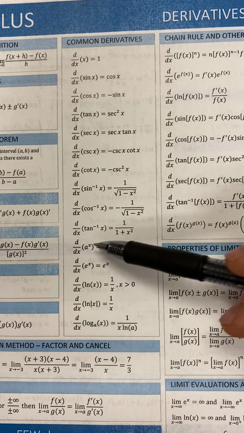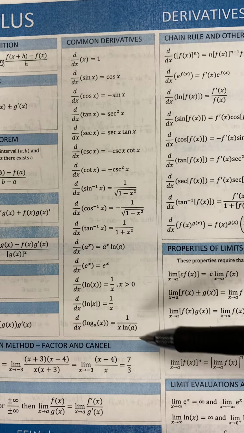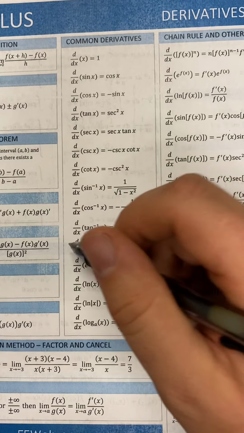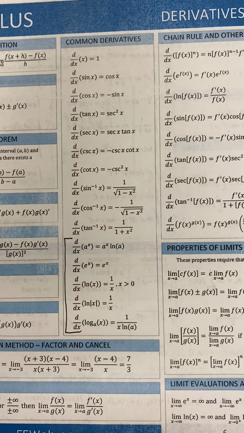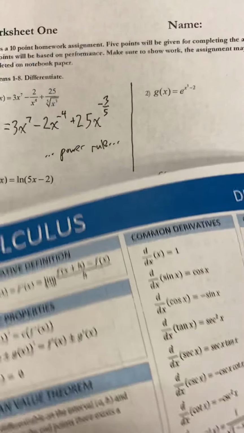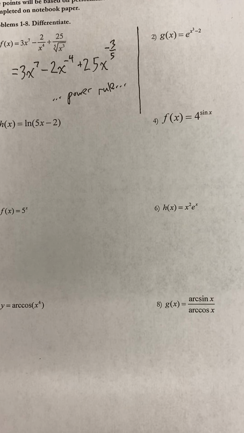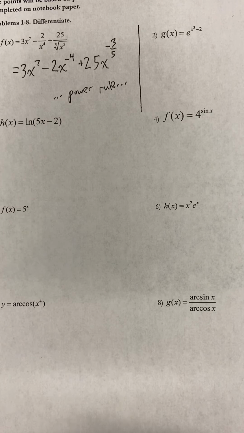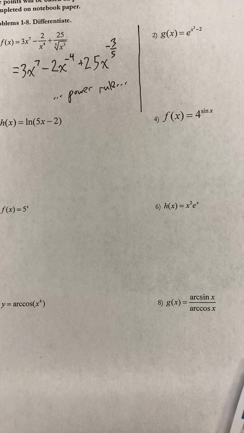There's your base a exponential and your base e exponential. So just keep that in mind. Reference these, basically from here down, when computing these common logarithms, until you get to 7 and 8 with arc sine and arc cosine of x. So those are your inverse trig functions.